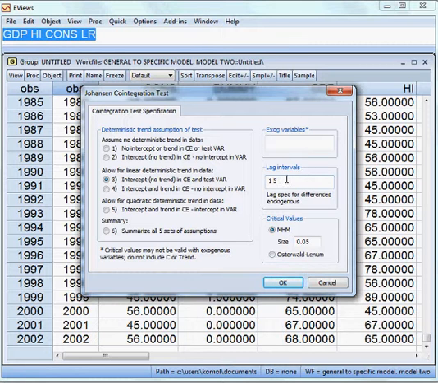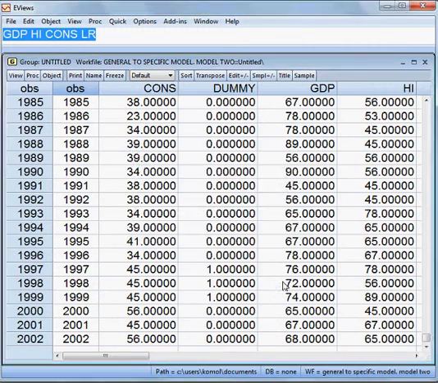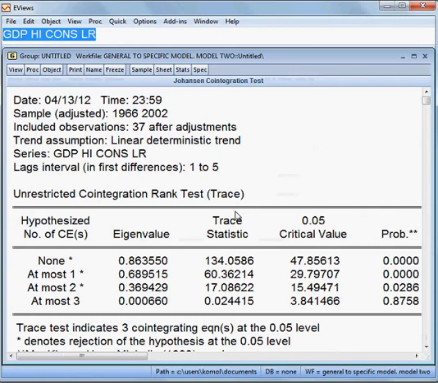So that is why I put 5 lags here, because after checking model selection, 5 lags have been advised for this system equation model. So I shall always be using 5 lags. Okay, I press OK.